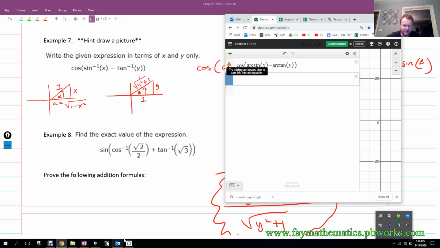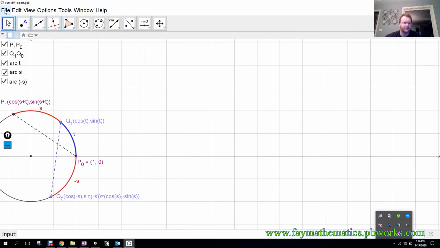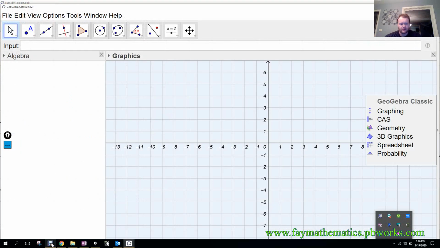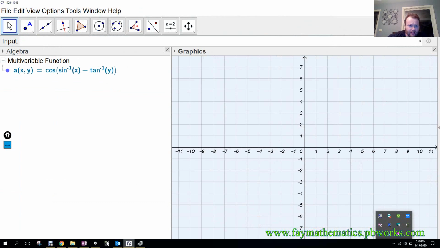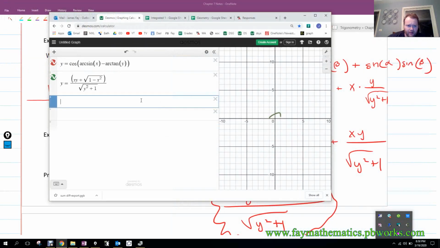Desmos doesn't like the implicit nature of that x and y there, so let's see if we can go to GeoGebra and do this. I apologize, I had to pause and try GeoGebra. GeoGebra wouldn't let me do it. It introduces a multivariable function, which I would be able to see in 3D, but my graphics card would cancel it out or close the program. So I had to figure out how to do it in Desmos.